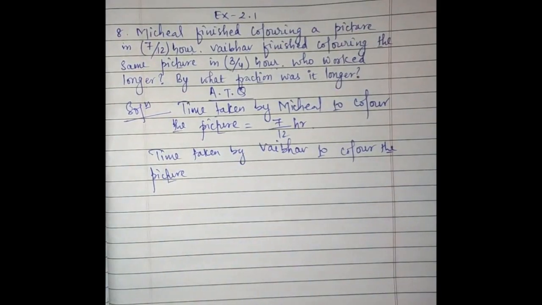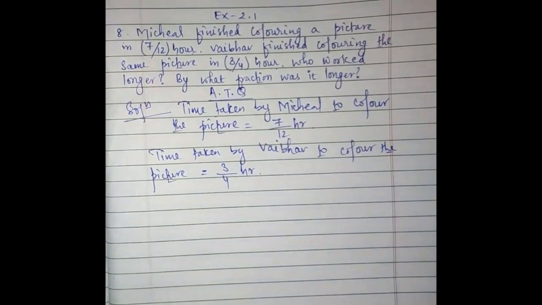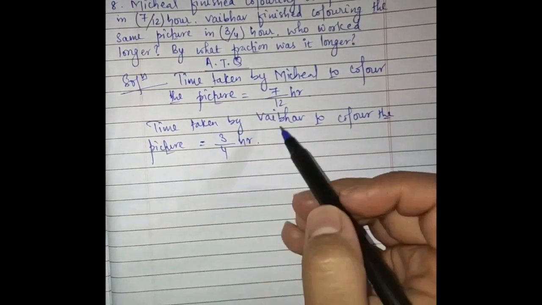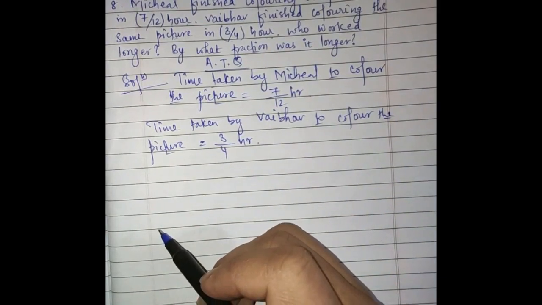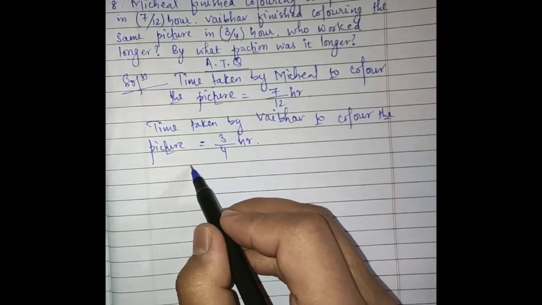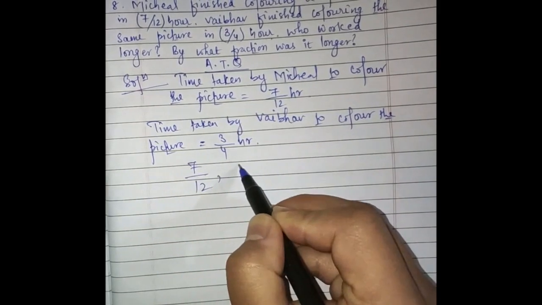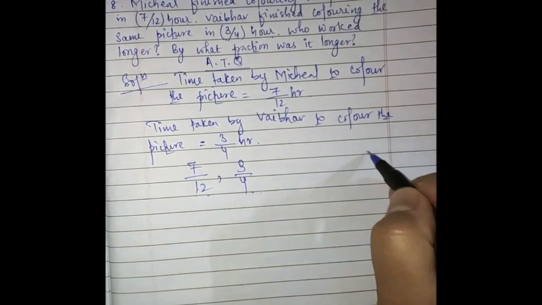They are coloring the same picture. That is 3 by 4 hour. So to compare these, we have to convert them into equivalent form, isn't it? So how to do that? We have to compare these two by first taking the LCM of the denominators, 12 and 4.